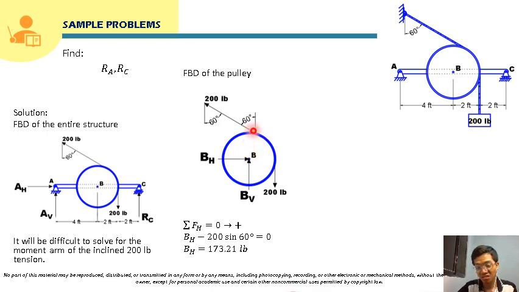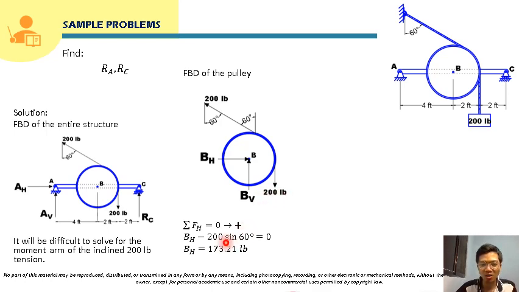Also, if we use summation of moment at point B, BH and BV will be cancelled. I just want you to realize that. If they are cancelled, there will be no unknown quantity that we can solve. So it will not be necessary to use the moment equation here.